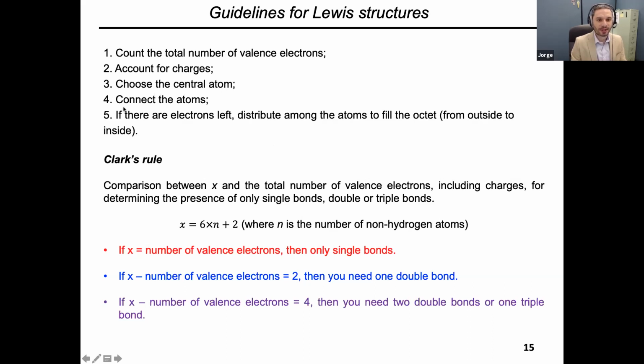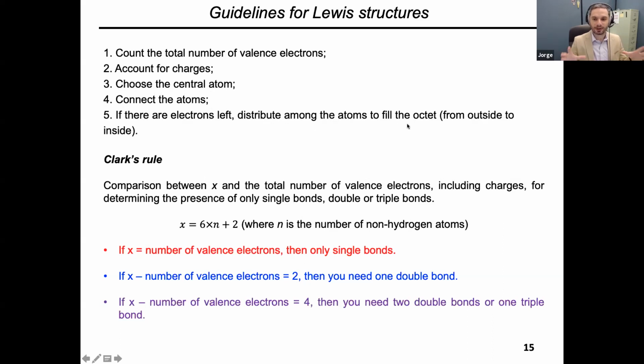And then fourth step, we are going to connect the atoms using covalent bonds, and this connection can be a single bond, a double bond, or a triple bond. After we connected the atoms using the valence electrons, if there are electrons left from the total, then we are going to distribute them among the atoms to fill the octet.